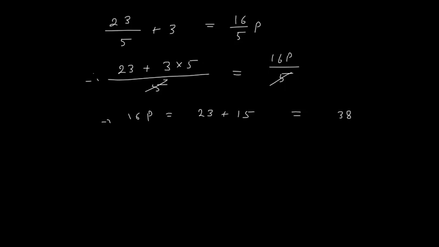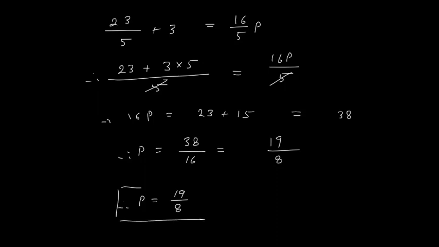So therefore p is equal to 38 upon 16. With 2 we can divide, 19 and here 8. So therefore p is 19 divided by 8. This is the value of p, 19 upon 8.